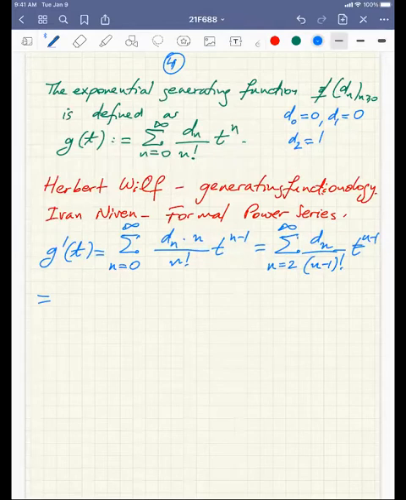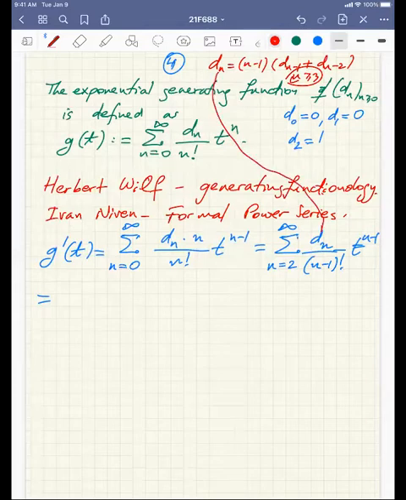And now we had this recurrence relation that we proved earlier, that d_n equals (n-1) times d_(n-1) plus d_(n-2), where n is greater than or equal to 3. So I want to apply this recurrence relation and replace the d_n there. But that starts at 3.